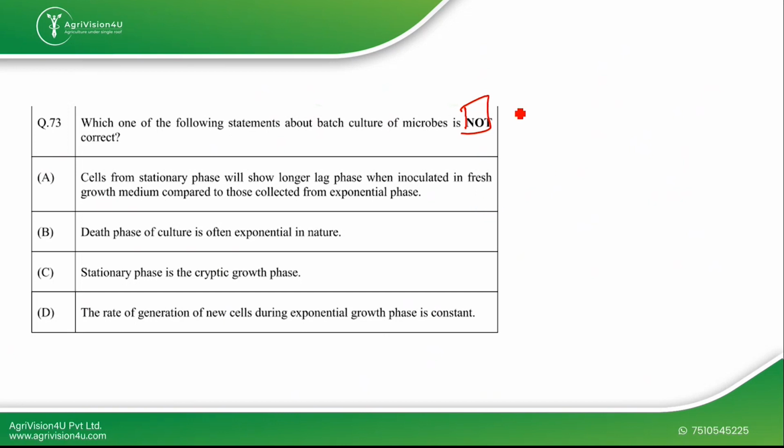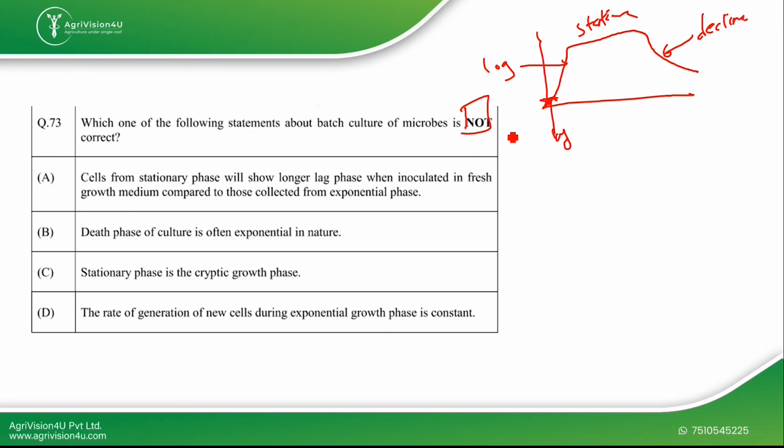See, for this, we should know the microbial growth curve. You all know, from here, this is your lag phase, log phase, stationary, and then decline. This part is your lag phase. This exponential is log, this is stationary, this is decline.